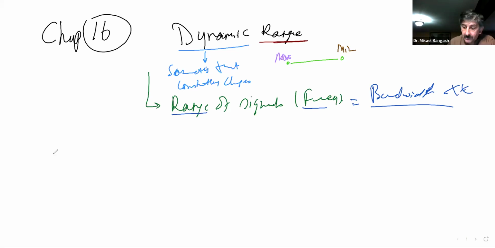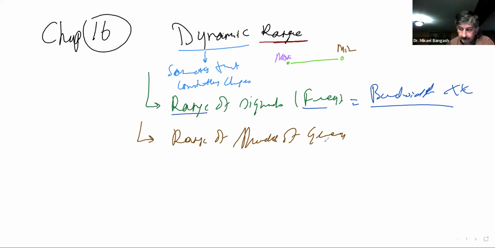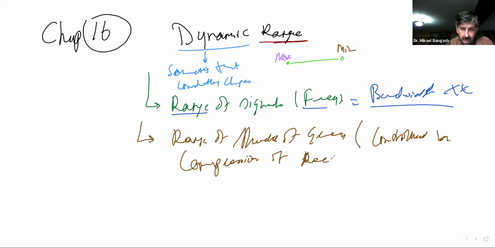This chapter is mainly going to relate to the range of shades of gray. Clear? And how can that be controlled or adjusted? By compression by the receiver.